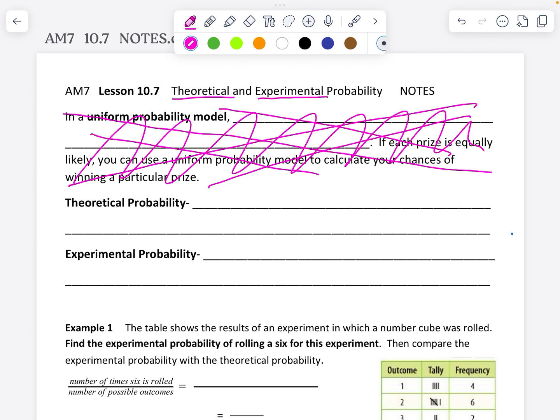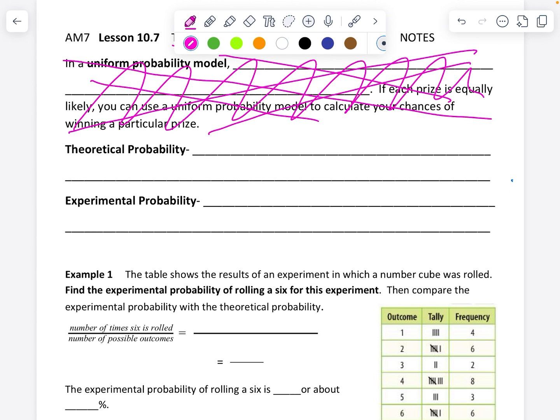So theoretical and experimental probability. Theoretical probability is based on uniform probability. I know we're using a word that we have not defined, but just write it down.